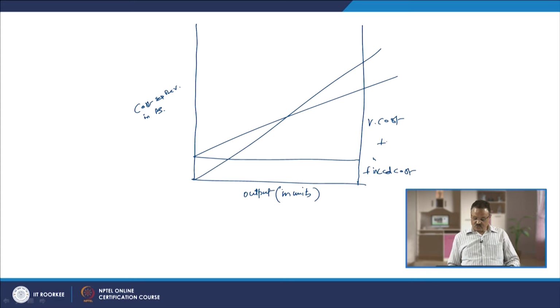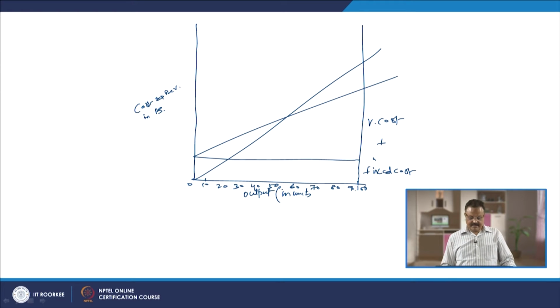On this side we will take the revenue. For example, the units here: this is 0, then 10, 20, 30, 40, 50, 60, 70, 80, 90, and finally 100.